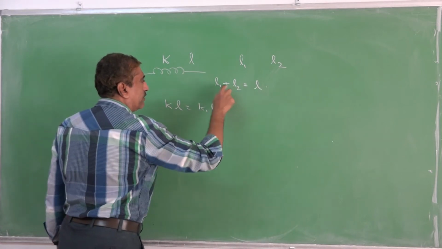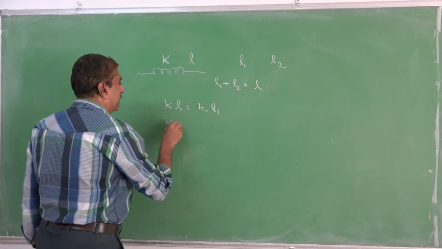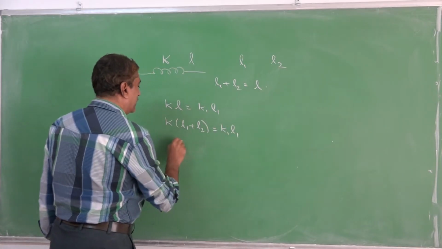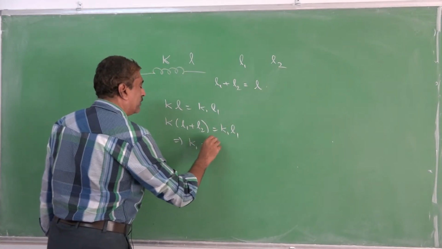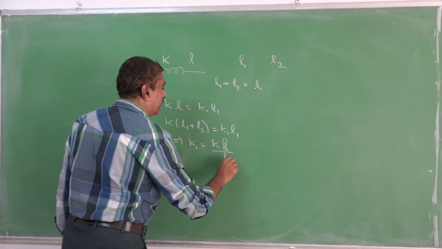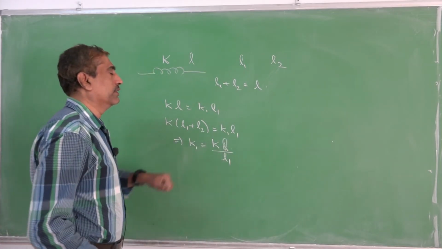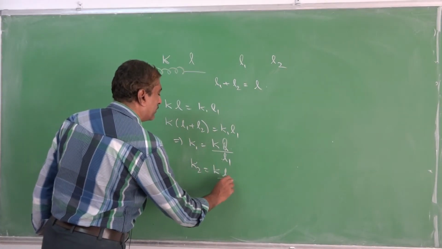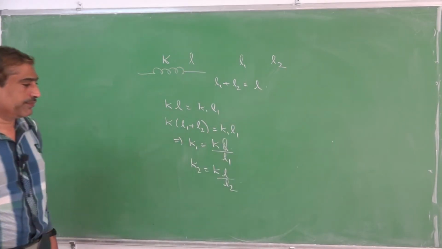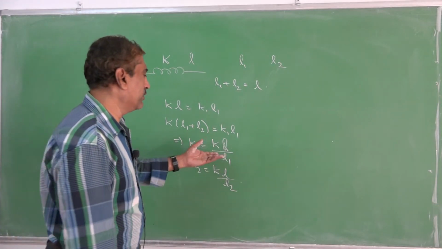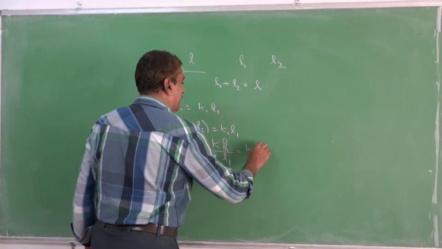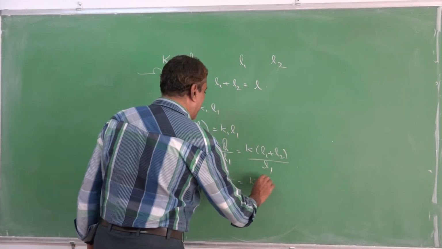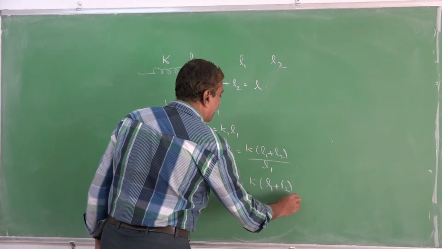But L is equal to L1 plus L2. So, K into L1 plus L2 is equal to K1 L1. That implies K1 is equal to K into L by L1. Okay, remember this one. Similarly, we can write K2 is equal to K into L by L2. Or we can write it like this also, K into L1 plus L2 by L1, and K into L1 plus L2 by L2.